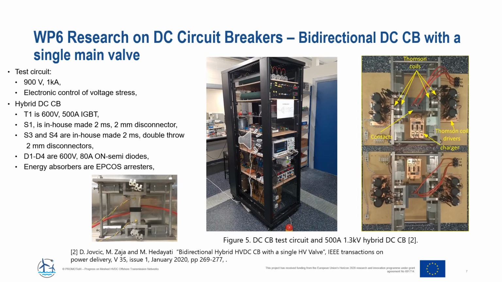S1 is in-house made air disconnector with 2 milliseconds opening time and 2 millimeter contact separation distance. S3 and S4 are similar to S1, but they are developed as double throw switches. D1 to D4 are 600 volt 80 ampere diodes. Energy absorbers are EPCOS arresters.